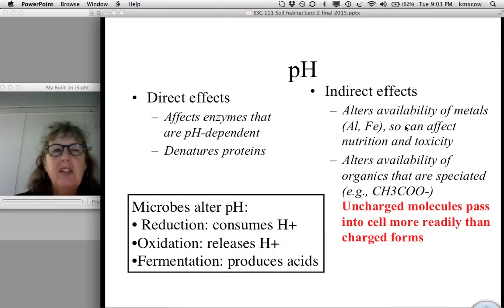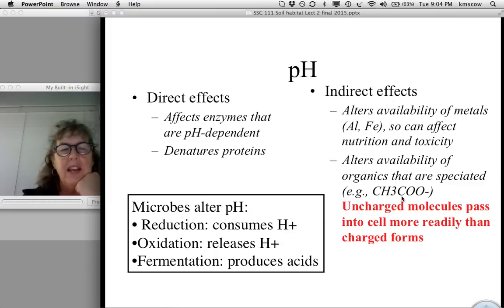Also, the pH can affect things that aren't toxic, can affect substrates, things that microorganisms use, and so either increase or lower the availability of those compounds and therefore have some kind of effect on the microbes. Also, speciated organic compounds are going to be pH dependent, and they will either carry a net charge or become uncharged because the proton will be taken up.